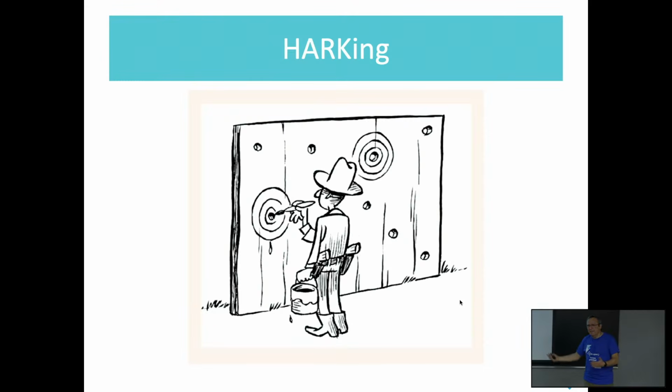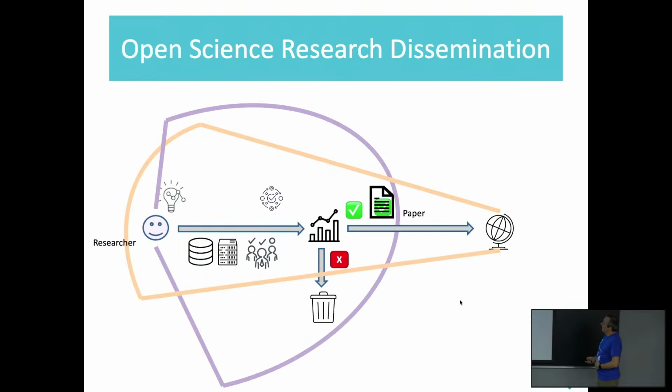there is some negativity in not knowing, because if you reveal a hypothesis and you failed, the world should know about it so that they don't do the same thing again and again. In open science research dissemination, if you reveal everything, the world should know not just the paper, but the entire thing.